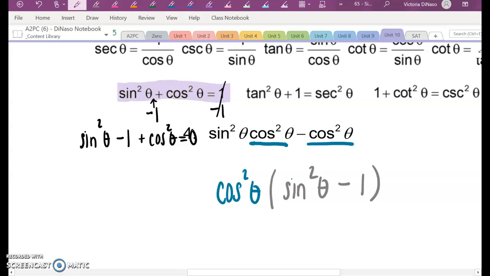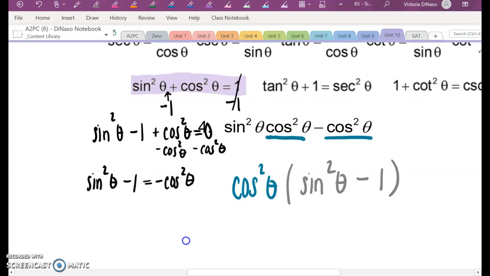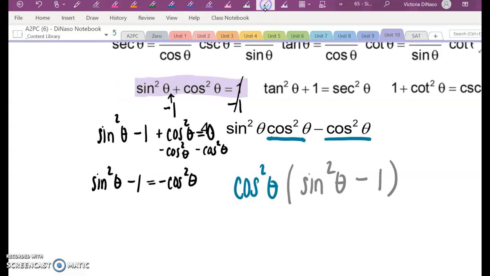This right now does not look like this inside the parentheses. So what I'm going to do is subtract cosine squared on both sides, so that I have sine squared theta minus 1 equals negative cosine squared theta. So I just did a lot of subtraction, but now they match up.